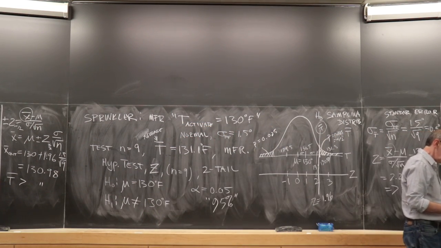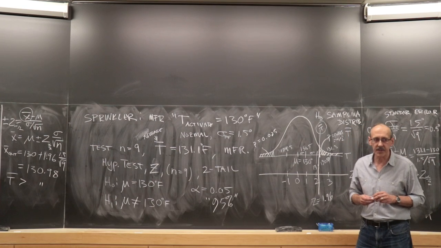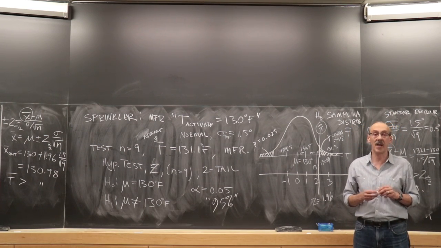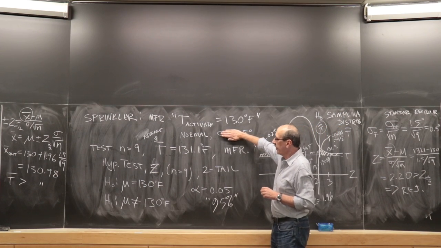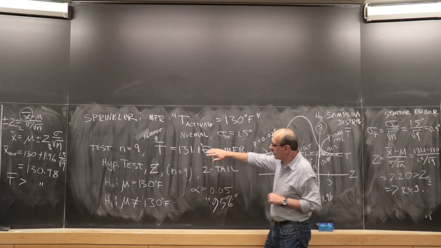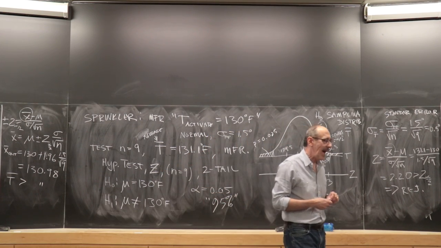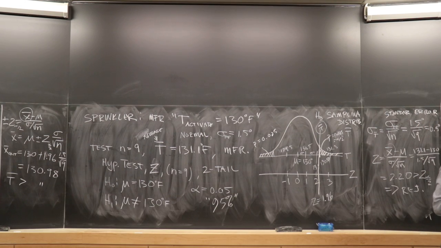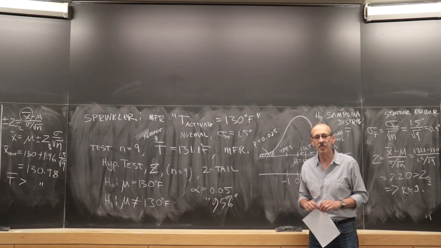Okay, so that's the idea behind all the confidence interval stuff, or hypothesis tests we've done. Now, what if I didn't know this? What if I didn't know the population standard deviation? Then I would use t instead of z. What would happen to my value for the critical statistic? So instead of z alpha over 2 is 1.96, what kind of number would I get?